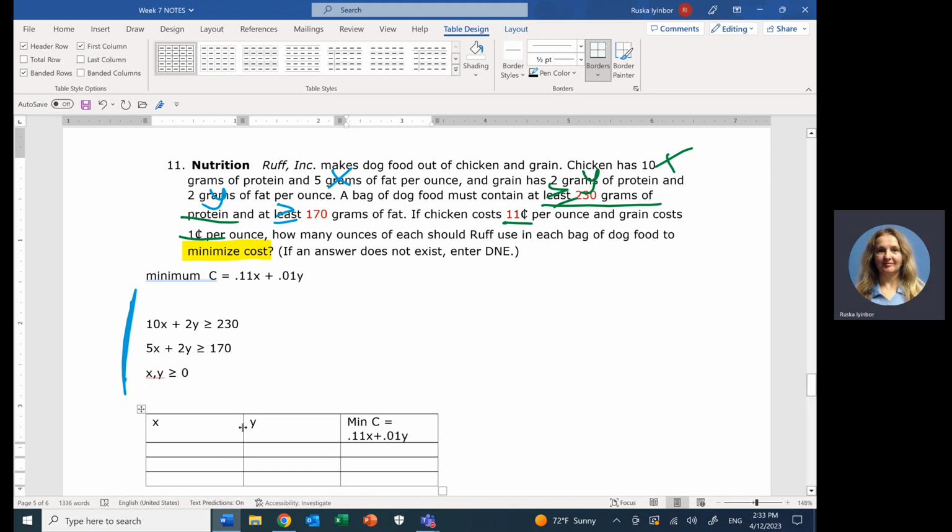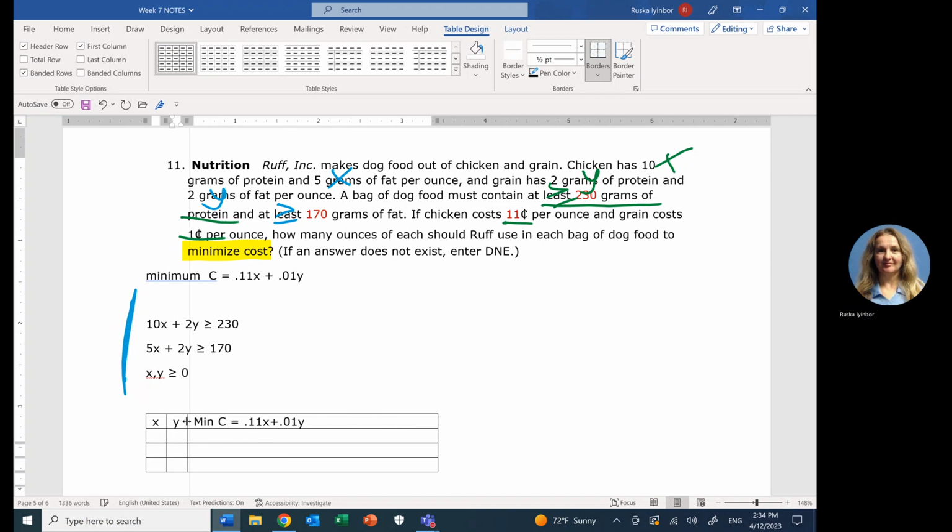Let me fix this table. We're going to put x and y, the coordinates for the corner points. The corner points we got, I have them here. You can go back and look at them, or you can just pause and see.